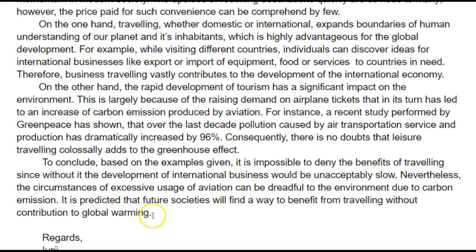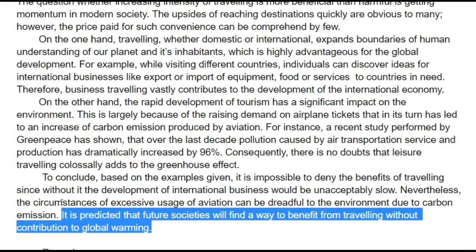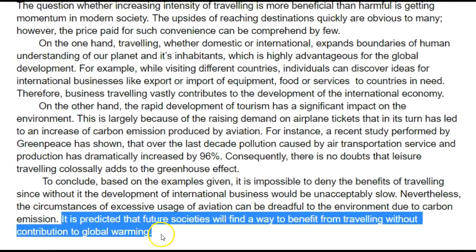This here at the end, it feels like an idea you wanted to include in the essay but didn't have time to, because this is the sort of statement that you would need an example for, because you're saying that someone has predicted that future societies will find a way.